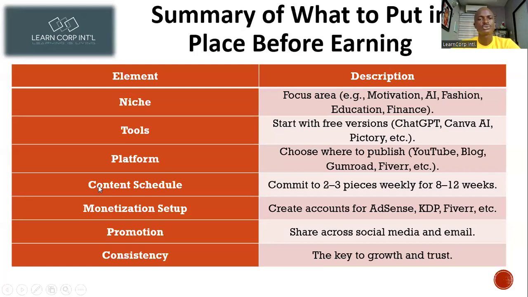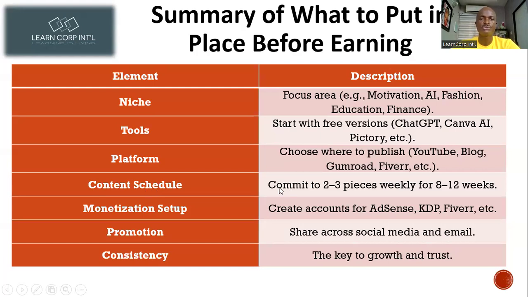Okay, so we were on my slide and we're looking at what you need to put in place. That was where we got to, and then I want to show you Later.com. So choosing the right platform, all right? Fiverr, Gumroad, your content schedule.